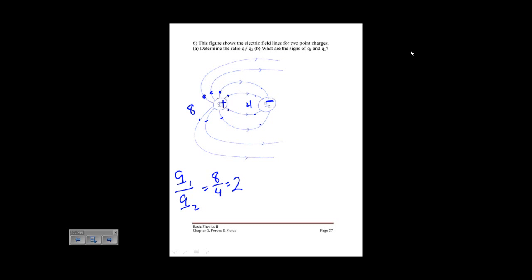Test questions I've given in the past, let's say that Q1 has a magnitude of 10 microcoulombs, then what is Q2? For our example. Alright, and Q2, you know, has to be half the magnitude, so it has to be 5 microcoulombs, and it has to be negative because the field lines end there.